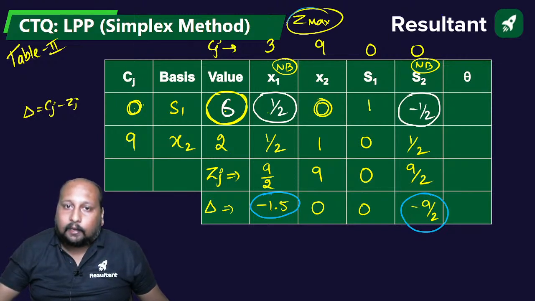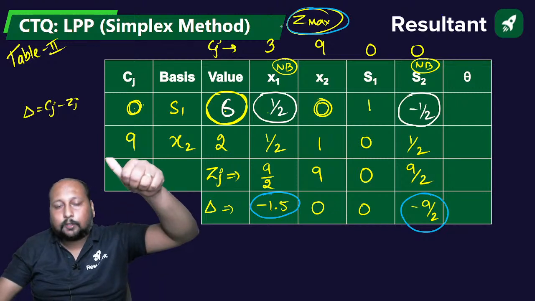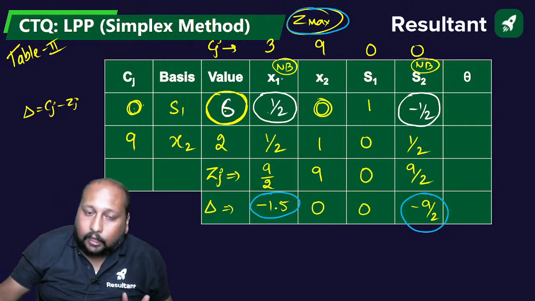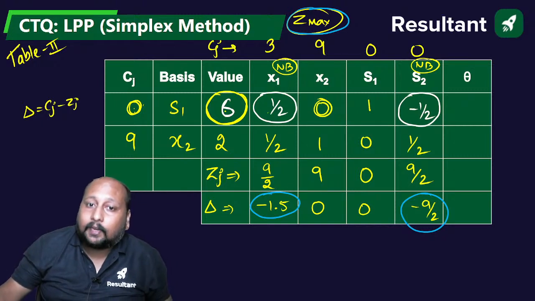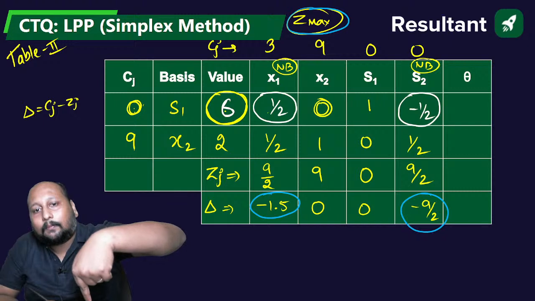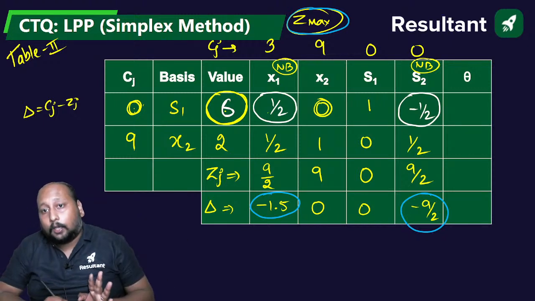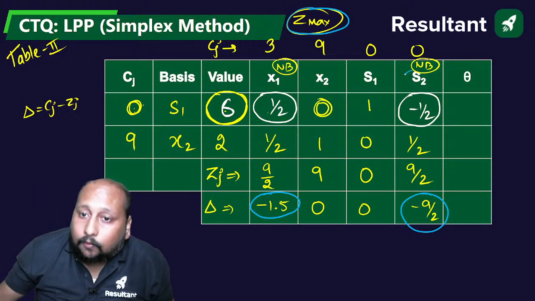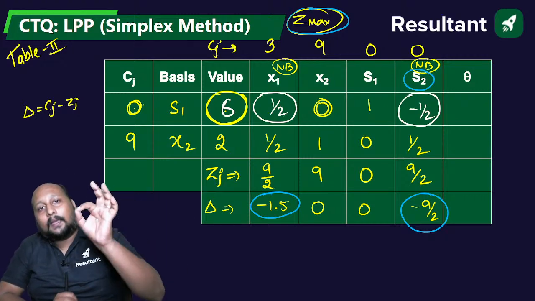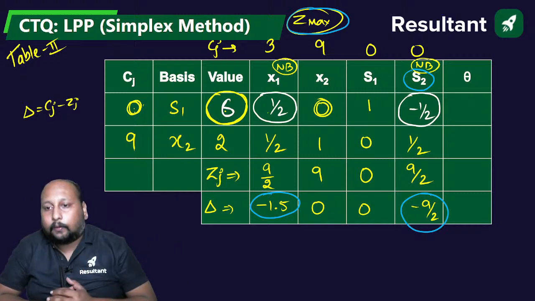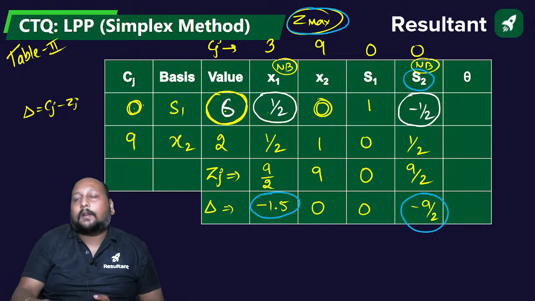Our objective is to calculate the value of z maximum, right? हमारा x1 का minus, that means if x1 is becoming basic variable, it will decrease the value of z by minus 1.5. Or if s2 you are converting into the basic variable, it will decrease the value of z by minus 4.5. 9 by 2 is 4.5. So which one you will be selecting, x1 or s2?